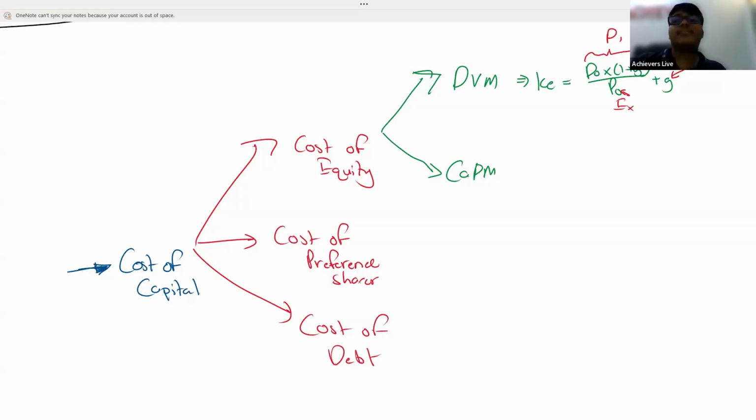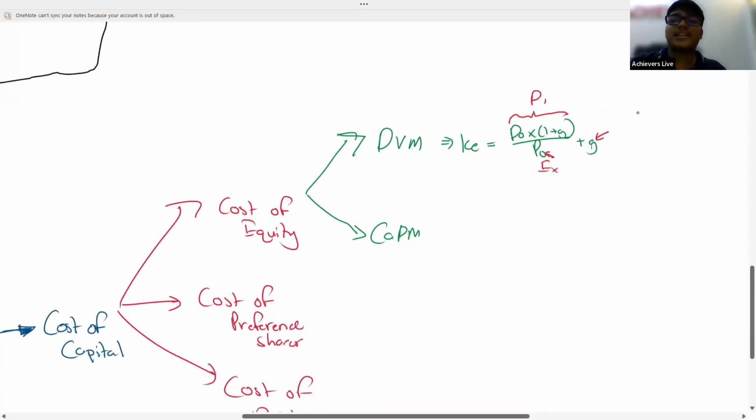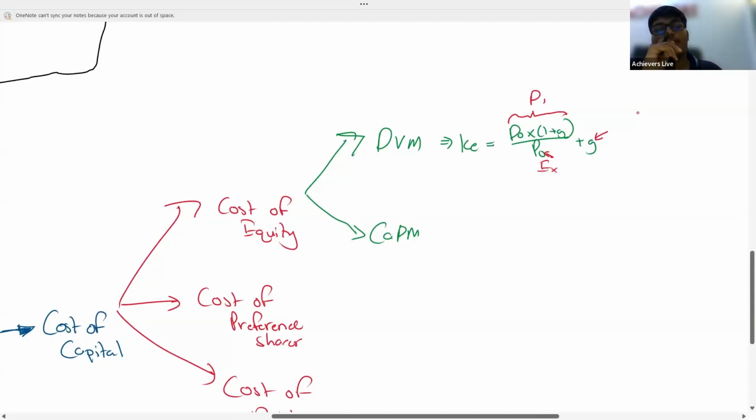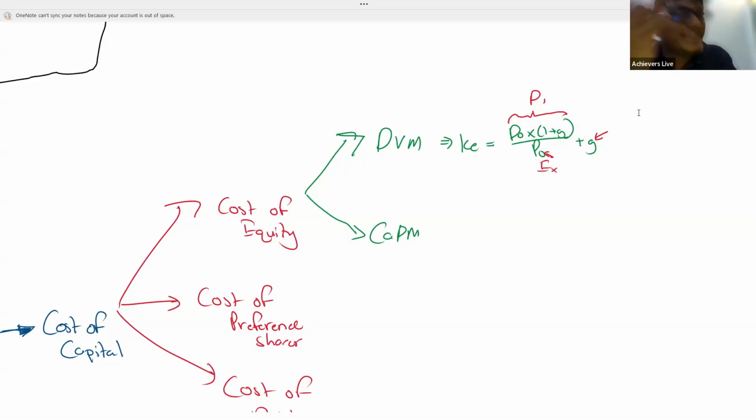growth rate can be calculated in two ways. What are the two ways? Baumol model is in cash management. We discussed that already. See something different.